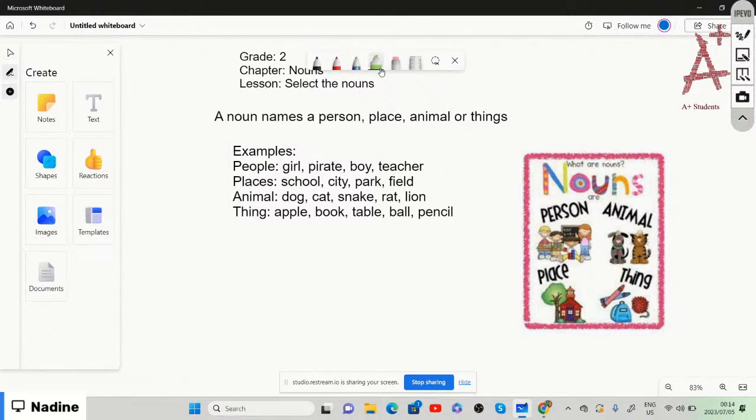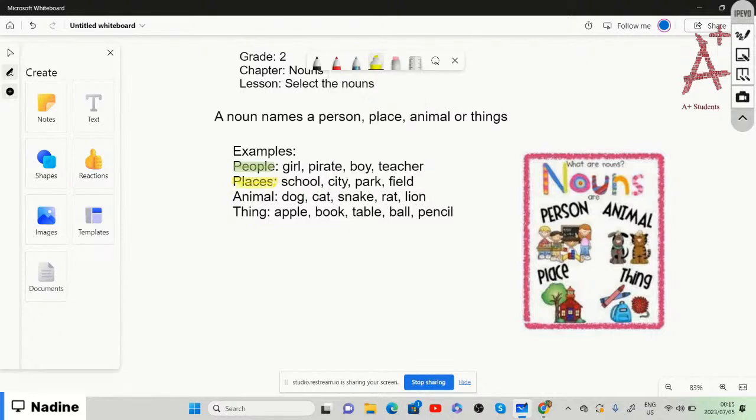People, right? If we identify people, then we can say the noun is a girl, maybe the pirate on the ship, the boy, the teacher. And in the meantime, you think of more examples of nouns. Then we also have place.